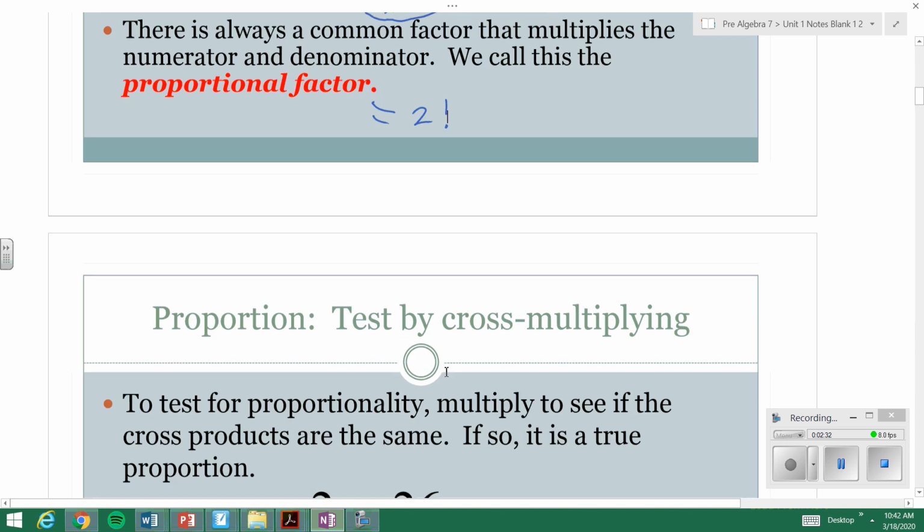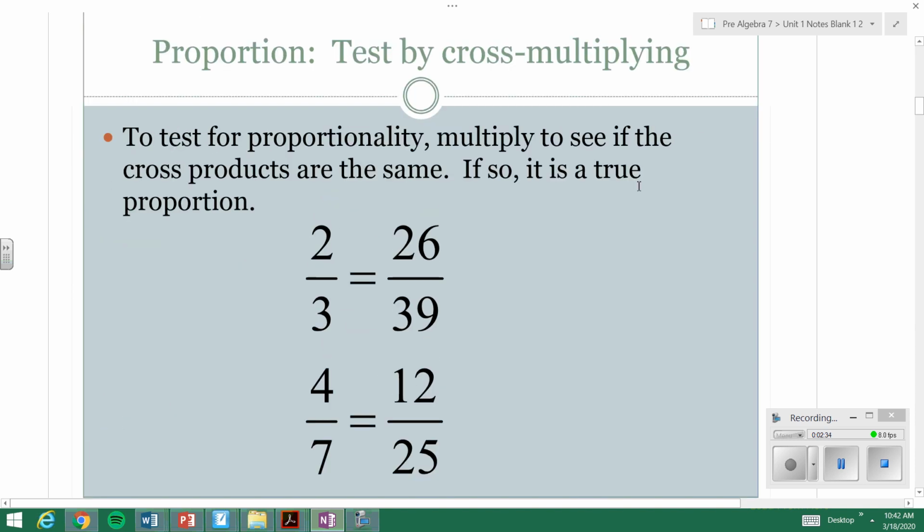Okay? So, this interesting fact, when you have two fractions that are equal to each other, two rational expressions, two ratios, if it is a proportion, a true proportion, and they are indeed equal to each other, their cross products will be the same. So to test for proportionality, let's multiply to see if the cross products are indeed the same. Okay?